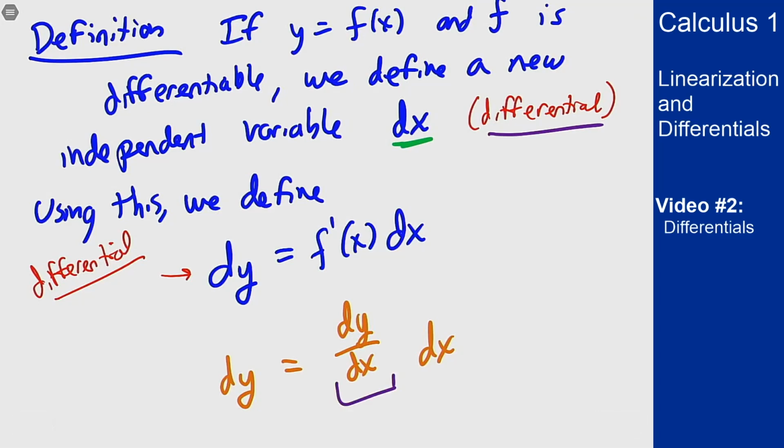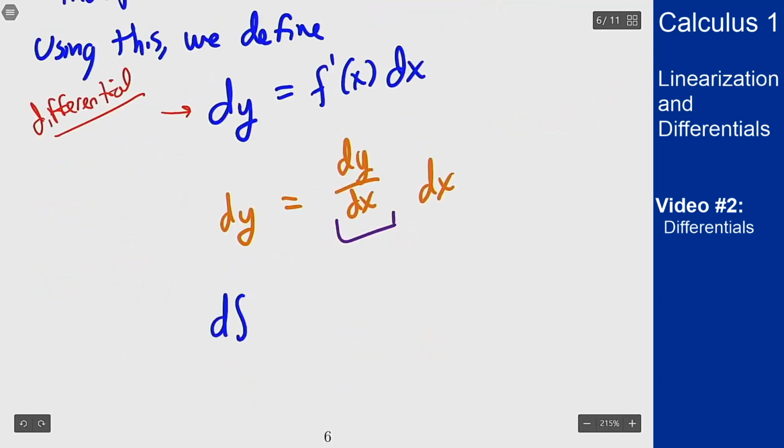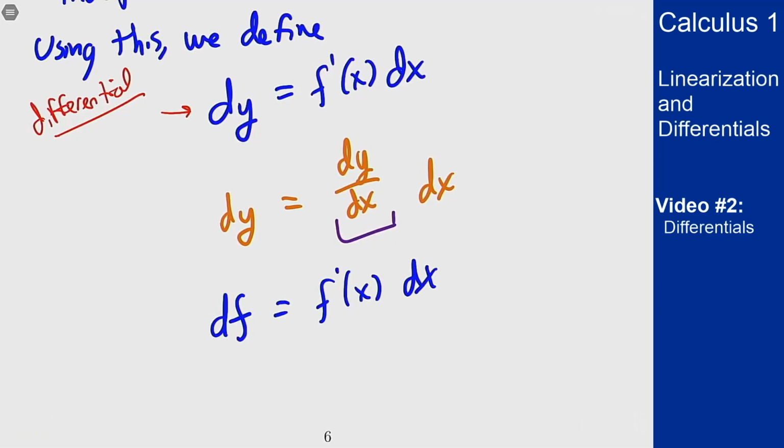But the ratio of them is the derivative in the right context. In this same context, we can also just use df being f prime of x dx to get the differential of f instead of the differential of y. Different notation, but the same idea in how you work out these things.